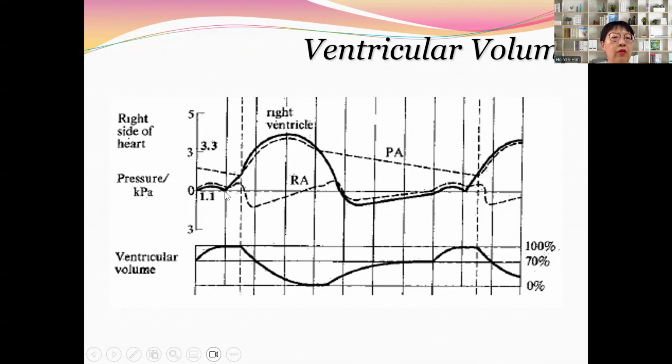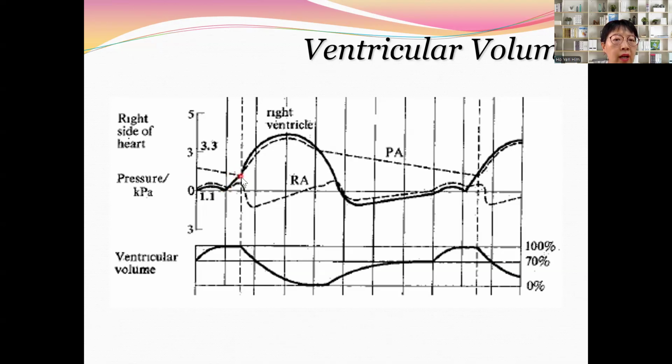Now, at this point, the ventricle starts to contract, but the blood volume remains 100% in the ventricle. Why? Because the blood cannot go out yet. The blood can only go out when the pressure in the ventricle goes higher than the pressure in the artery. At this point, the ventricle contracts already, but blood cannot go out because the pressure in the ventricle is lower than the pressure in the artery, so the semilunar valve remains closed.